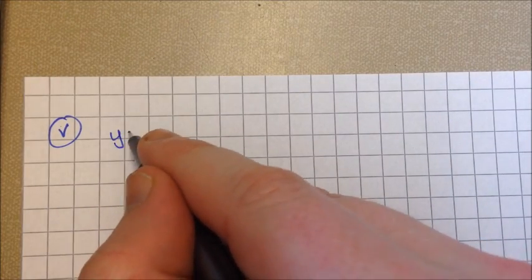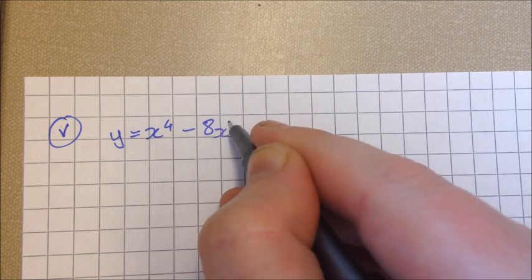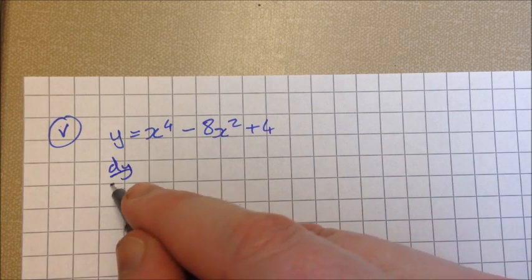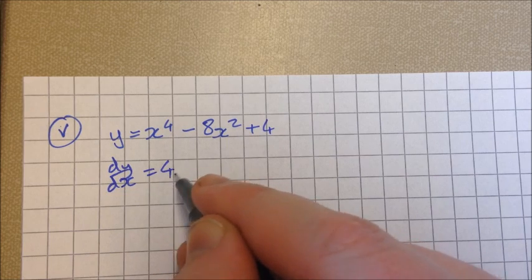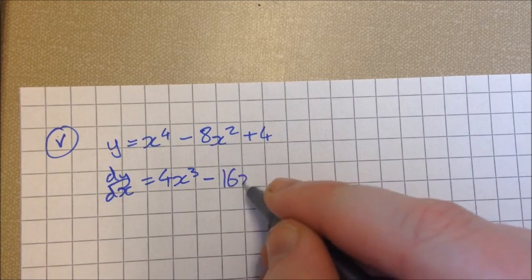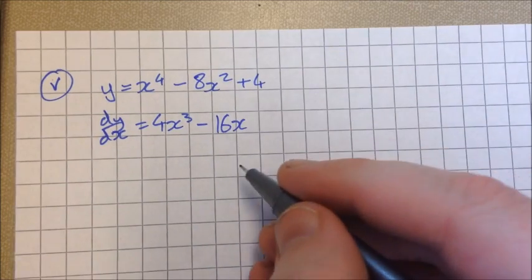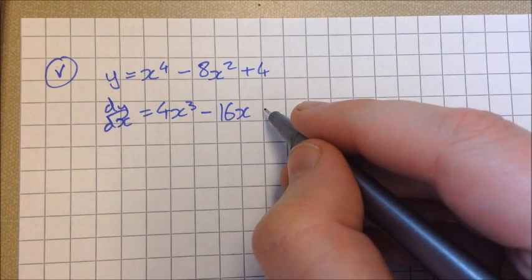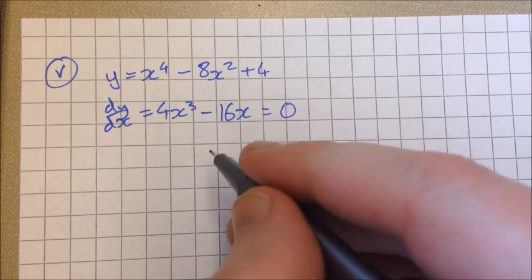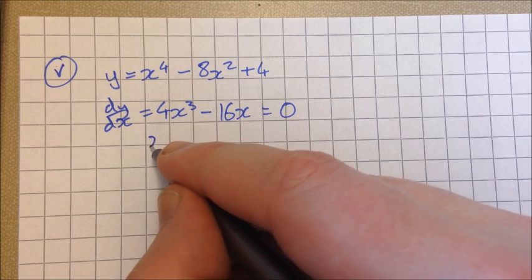Number 5. So we're going to differentiate and set that to 0. We're then going to take a factor out.